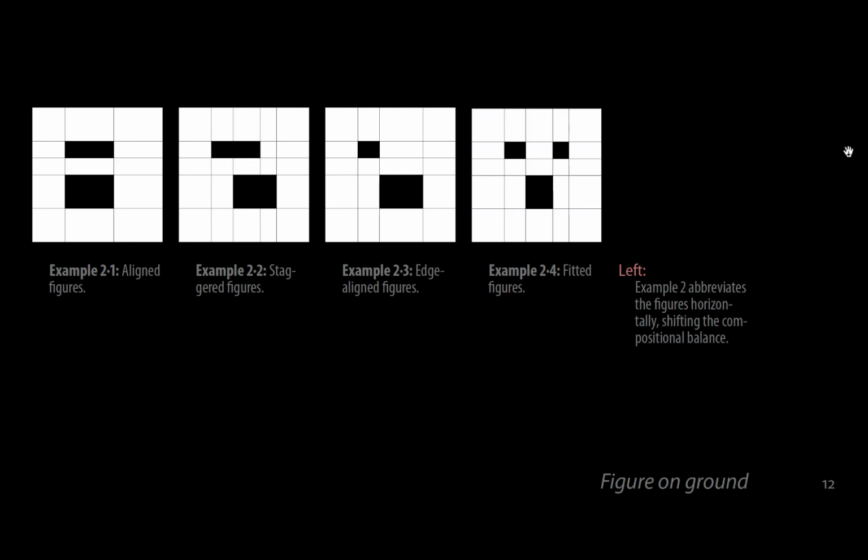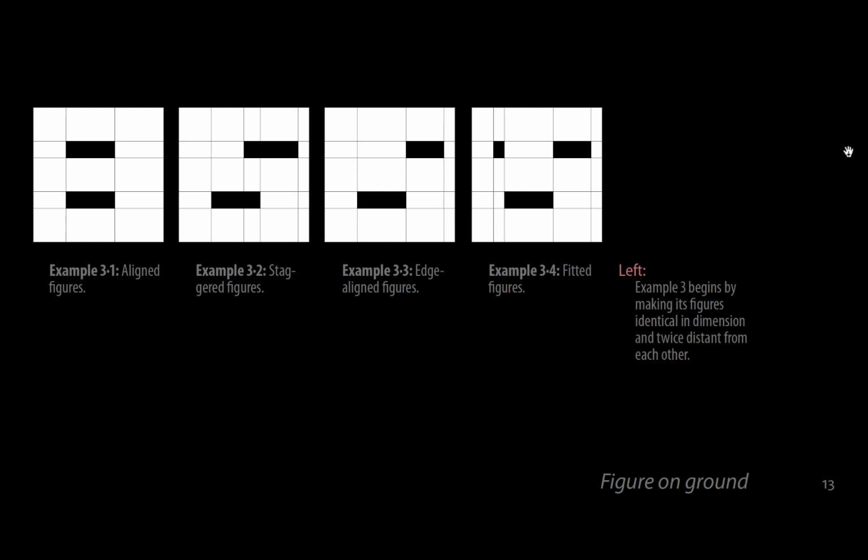This project begins with an asymmetrical composition, and it abbreviates the figures horizontally. Now, what ends up happening is that you end up with these very centrally located figures at the very end. So you can see how you can end up with quite different results depending on where you start and the decisions that you make.